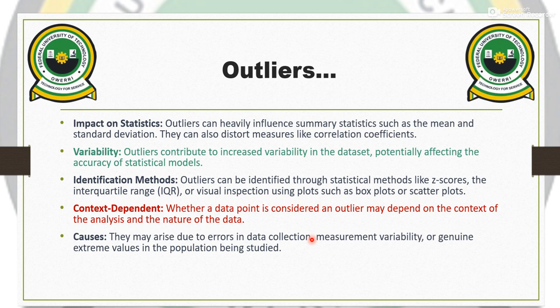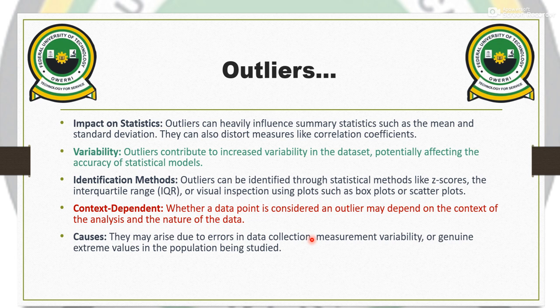Now if you add all of these together to find the mean, you discover that the mean will be outrageously higher, and so the mean you will get will not be the correct mean because of what? The impact of the outlier.